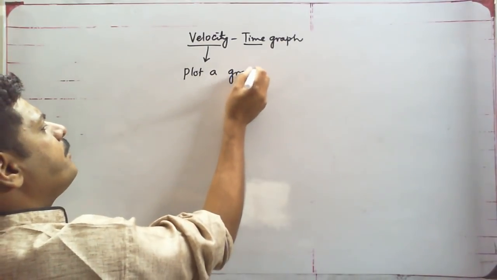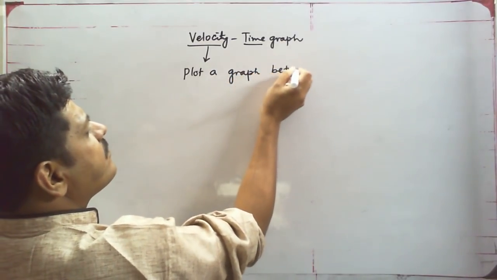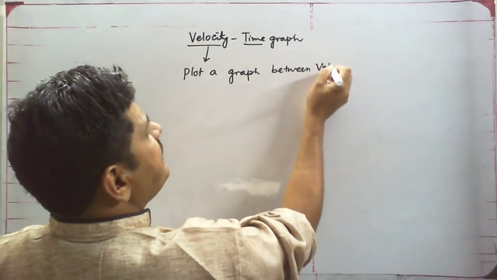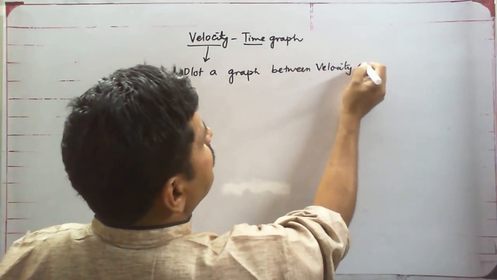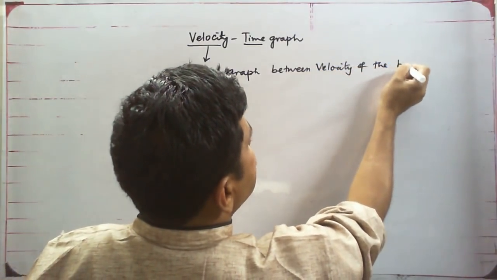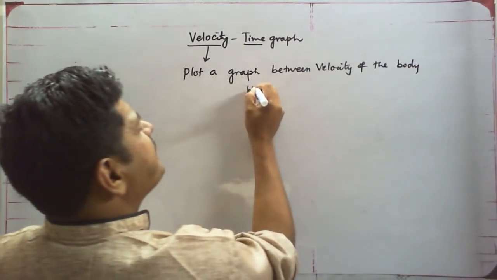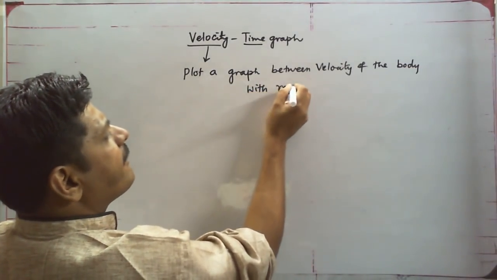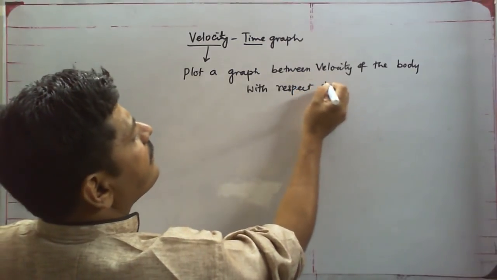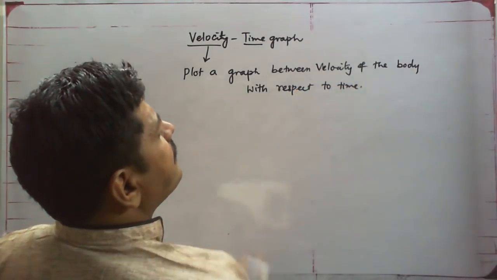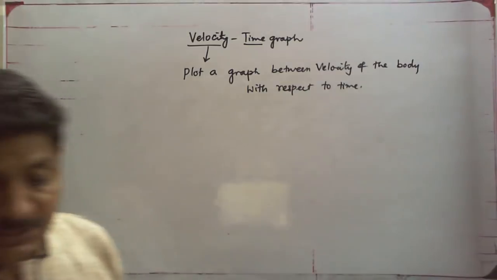We need to plot a graph between velocity of the body with respect to time. So we need to plot the graph between velocity and time.